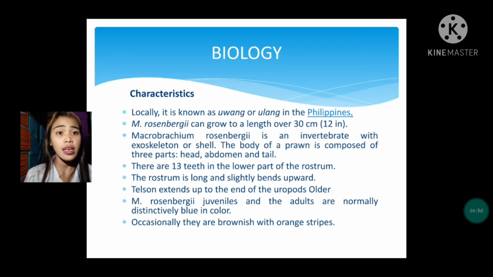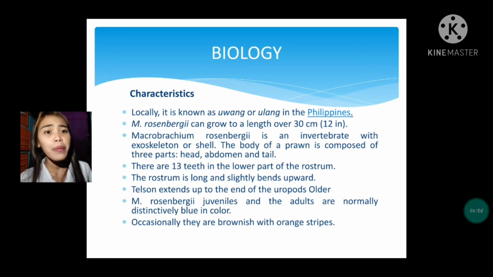And then the telson extends up to the end of the uropods. The telson is the part at the back, like the tail. I have a picture to show where these parts are.